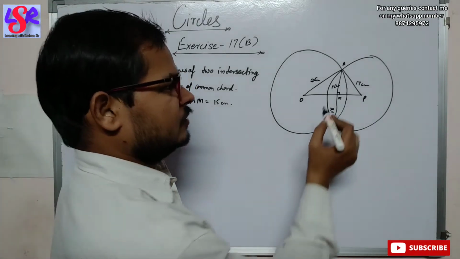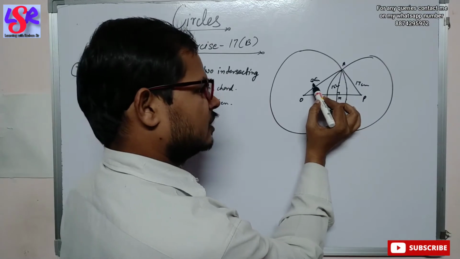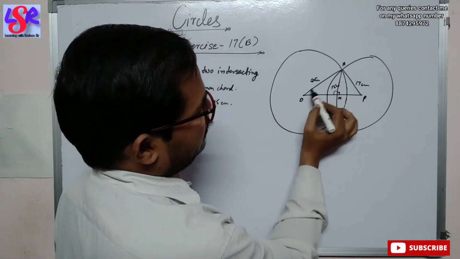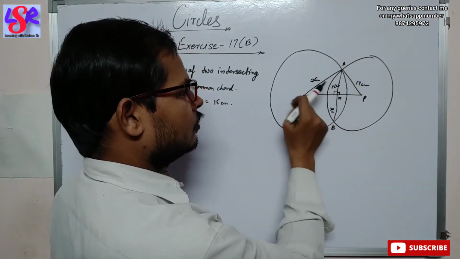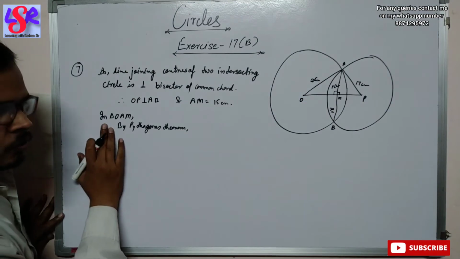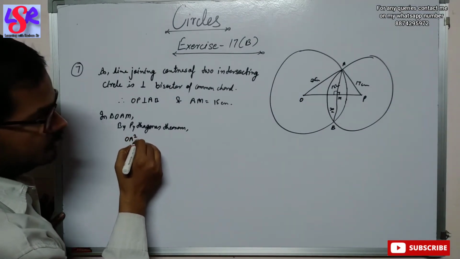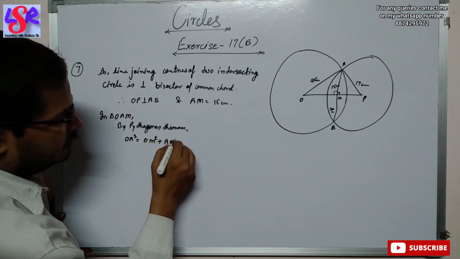As we see, we have 15 centimeter over here, this one is 25 centimeter, and we have a 90 degree angle over here. So we can use the Pythagoras theorem to find the length of OM in triangle AOM. In triangle OAM, by Pythagoras theorem, we get OA square equals OM square plus AM square.